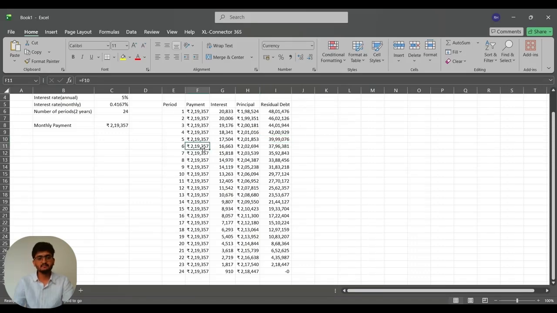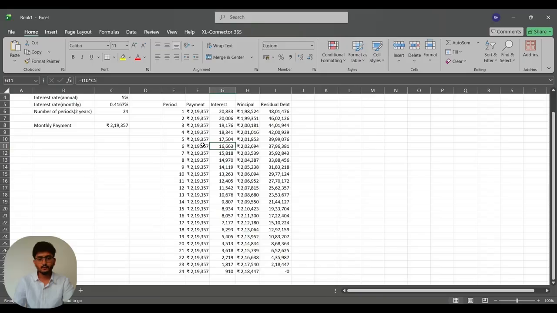For the 6th month also, the EMI installment is the same, 2,19,357 rupees. The monthly interest rate is 0.4167%. On 39 lakh 99,076, 0.4167% is 16,663 rupees.